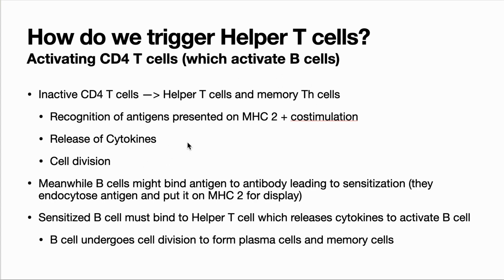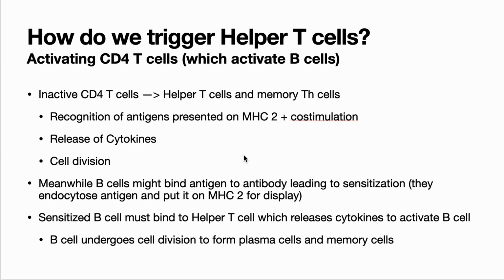They do a bunch of things. They may bind to antigens, to their antibodies, which leads to sensitization. That just means that they are going to help increase the likelihood of endocytosis of the antigen. And sensitized B cells will need a helper T cell in order to release cytokines that in turn will activate the B cell.